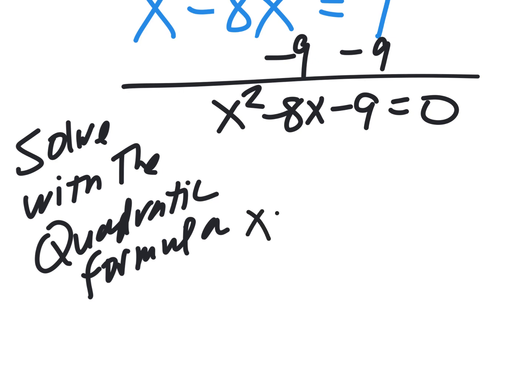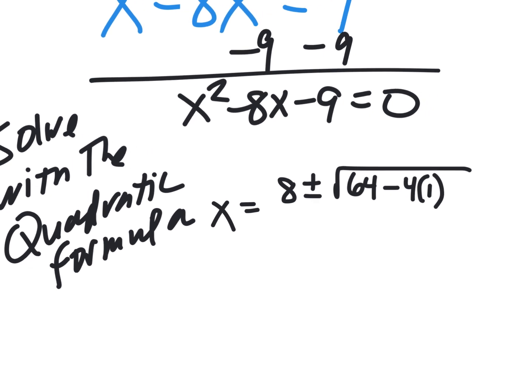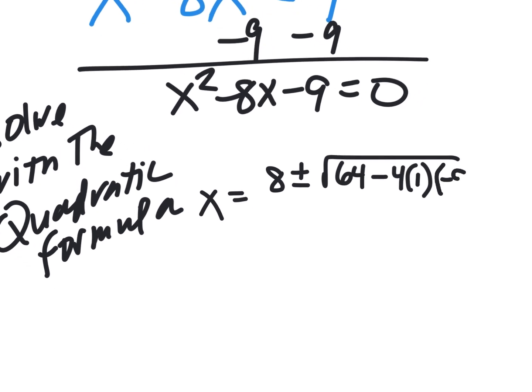Okay, x equals -b, which makes negative of -8, so it's 8. Plus or minus square root of b squared, which is 64, minus 4ac, 4 times 1 times -9, all over 2a, which is 2 times 1. I'm throwing a 1 right there just to make it really clear. So there's a 2.